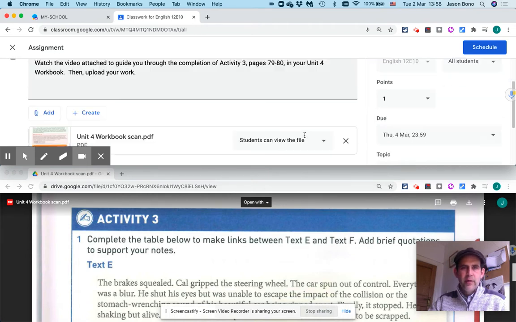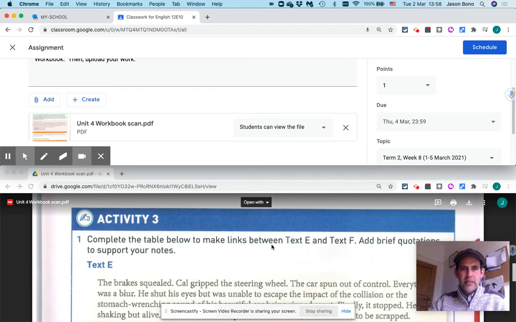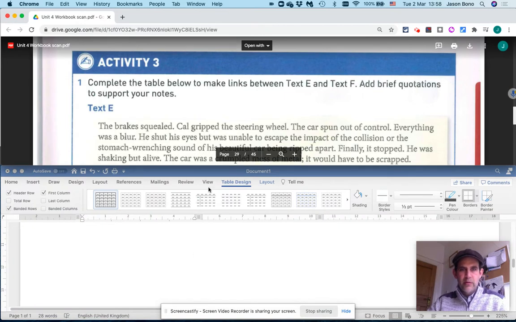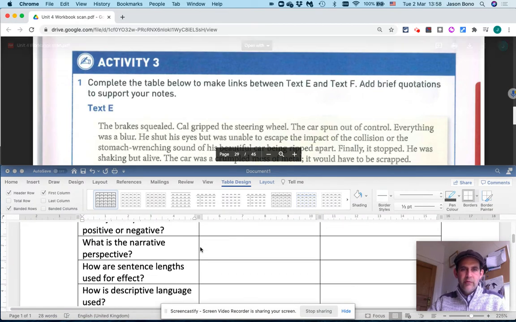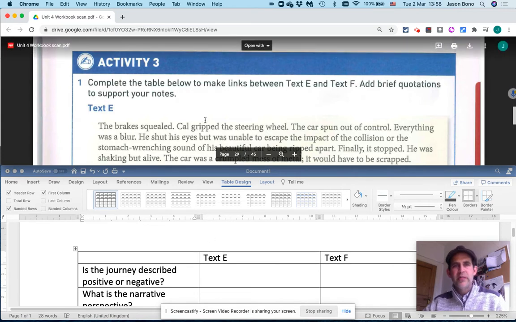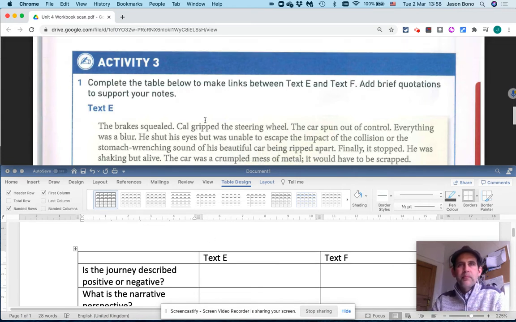Pretty straightforward. As I jump down to the second page, I'm going to bring this to the top and do some writing on the bottom. I've recreated a table that we're going to be using. Remember, task 2 in Unit 4 is about comparing two pieces of writing. Both of them are fiction, or made up, invented. They're literary texts.